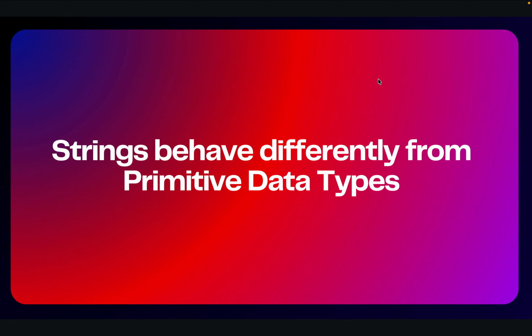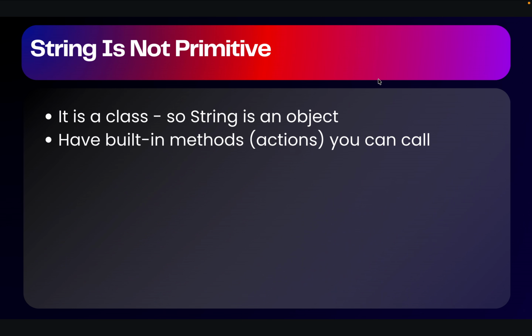So yes, a string can be considered a data type, but it doesn't necessarily behave the same way as the primitive data types that we have already covered. So let's look at how strings are different. One thing you need to note is that strings are not primitive. When we covered the 8 primitive data types, you did not see string on that list. The reason is because string is an object that belongs to a built-in class.